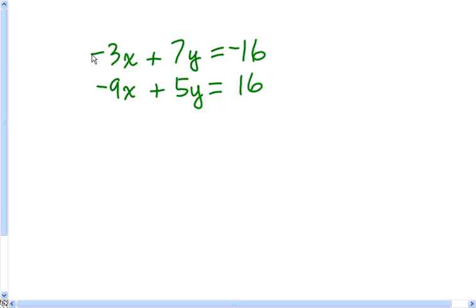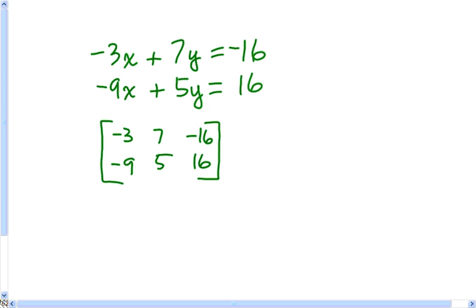So the first thing I want to do is put that into a 2 by 3 matrix. We're going to just put in the coefficients: negative 3, 7, and negative 16, negative 9, 5, and 16.